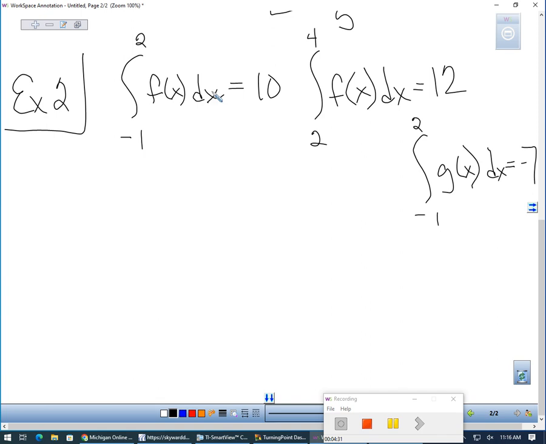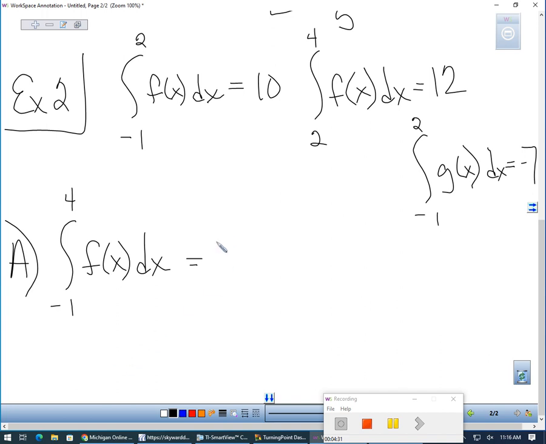Now here's your first question, part A. I want you to evaluate the integral from negative 1 to 4 of f of x dx. We don't have an integral up there that goes from negative 1 to 4, do we? So you have to combine the 2.